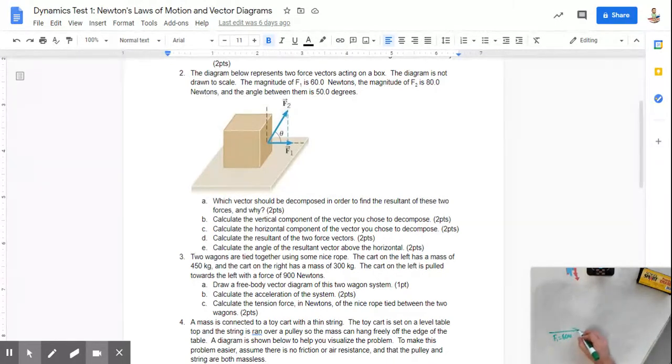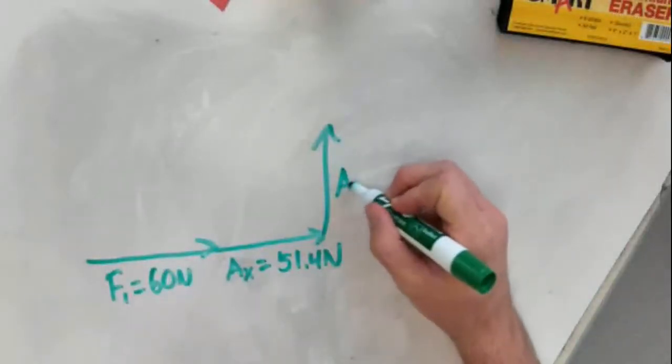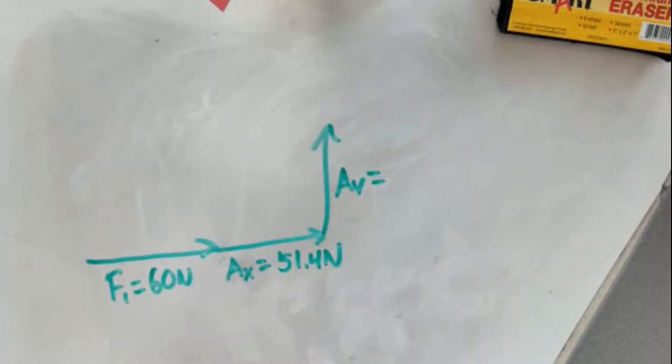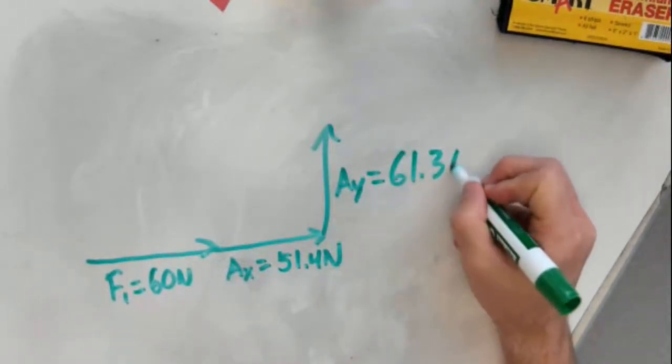Then I found this vector, AX, from splitting up F2: 80 cosine, which was 51.4 newtons. And then this one here, AY, equals 80 sine of 50 degrees, which is 61.3 newtons.